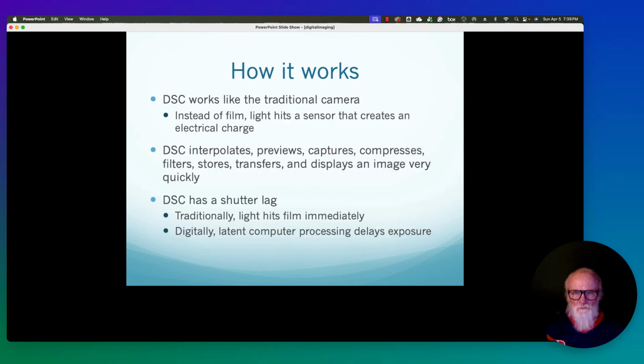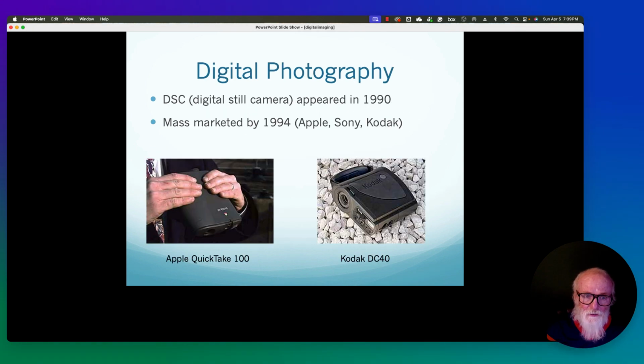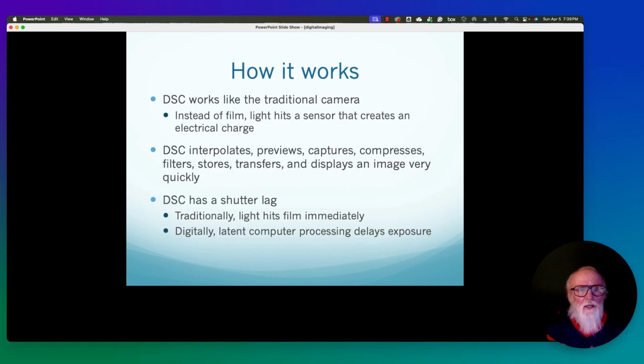Now, here's how a DSC worked. Digital, as I said, that was a digital still camera. A digital still camera works like a traditional camera. Instead of film, which you had for years, light hits a sensor that creates an electrical charge, okay?